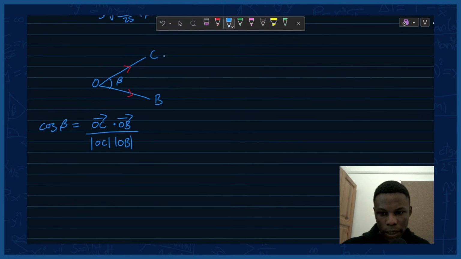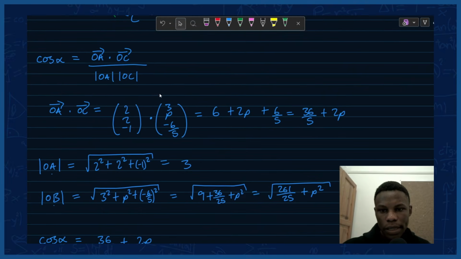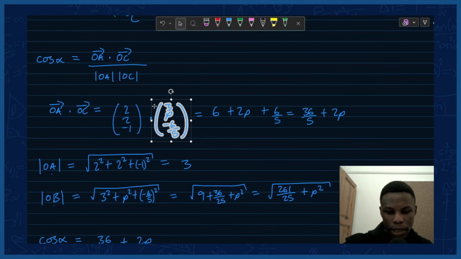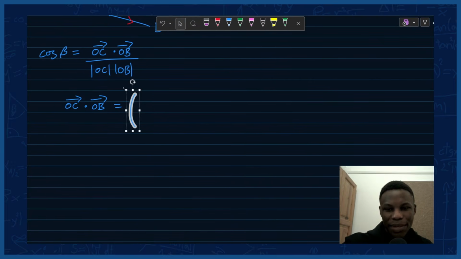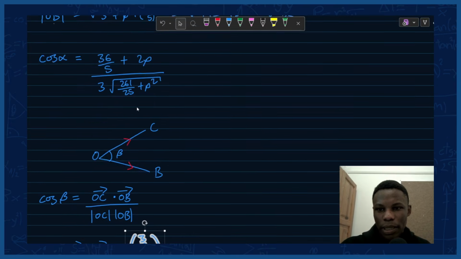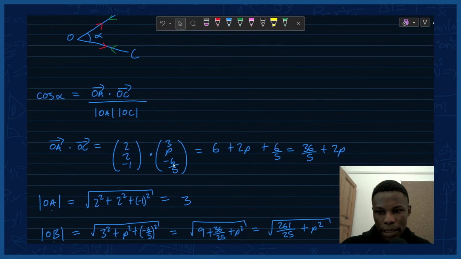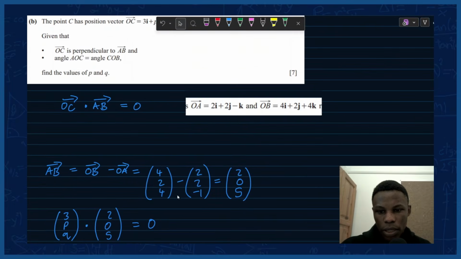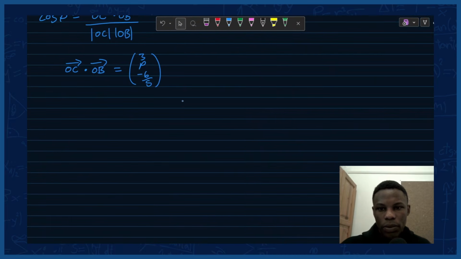So we need to get the dot product first. OC dot OB: OC we know is (3, p, -6/5). And then we also need our OB. OB is (4, 2, 4), which is this one here. Let me double check.